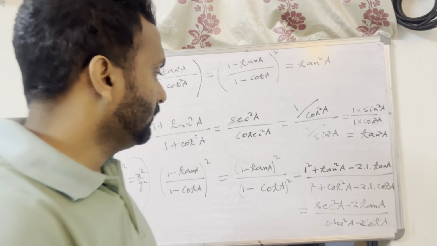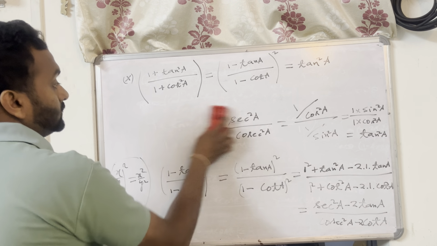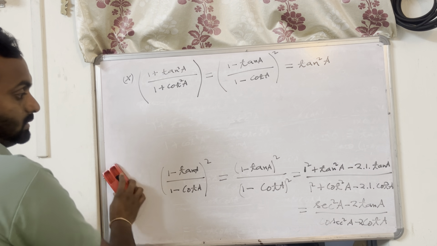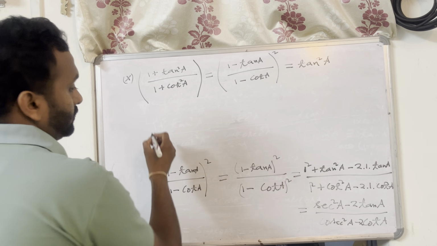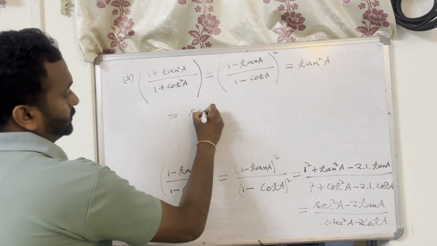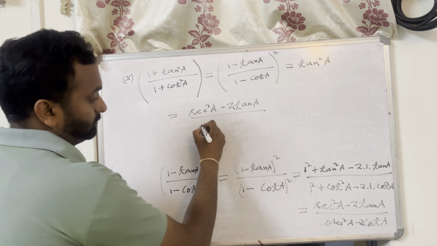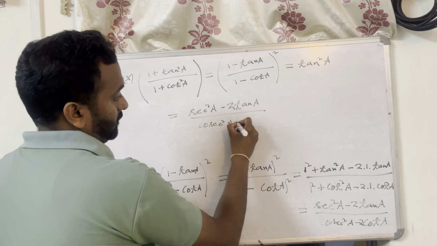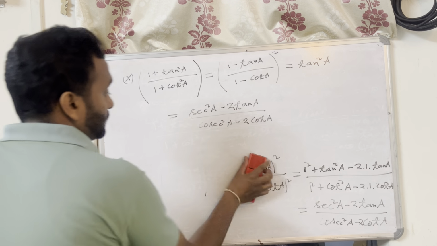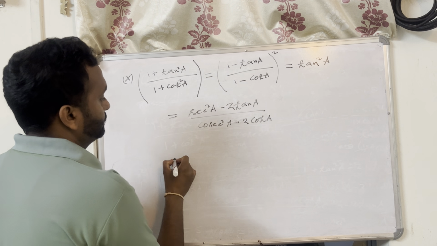So we will have to further solve it. So we know that will be equal to sec square A minus 2 tan A divided by cosec square A minus 2 cot A. I can solve this as something like this.